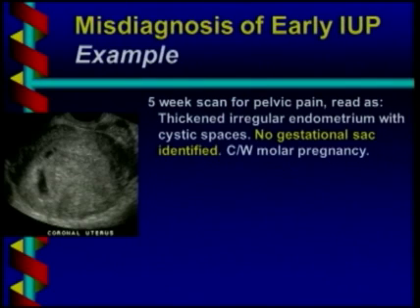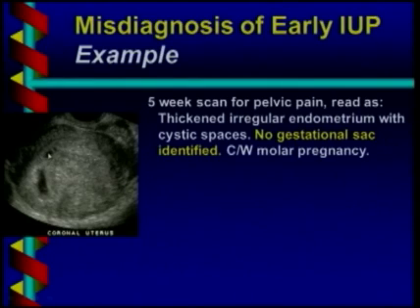This was another example of a similar kind of mistake. The image that you see on the left side of the slide was from a 5-week scan done for pelvic pain, and the reading on this was thickened irregular endometrium with cystic spaces, no gestational sac identified, consistent with molar pregnancy.